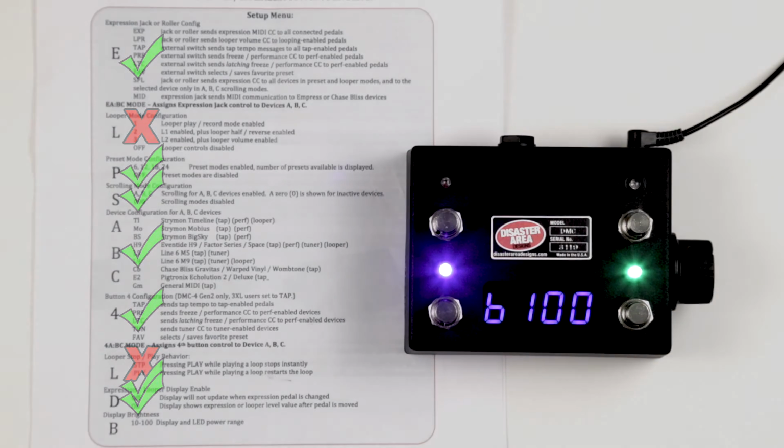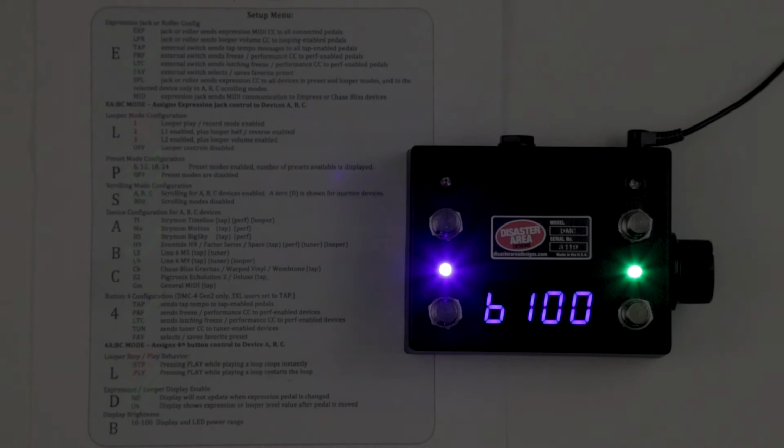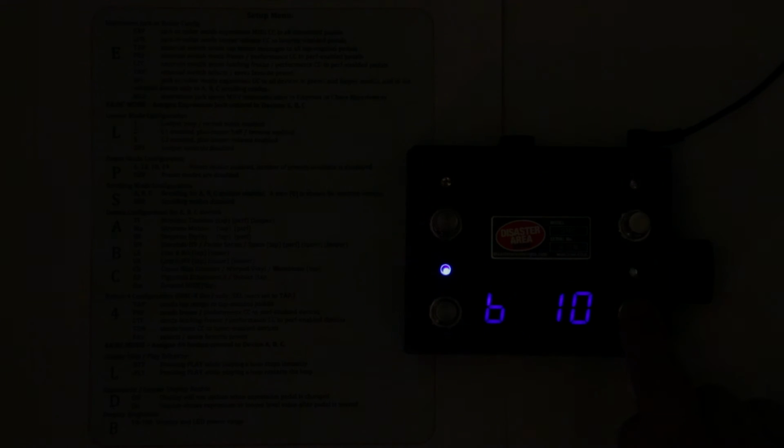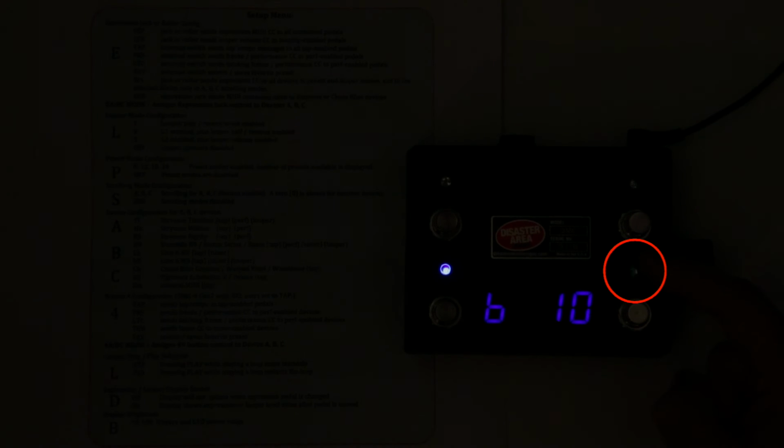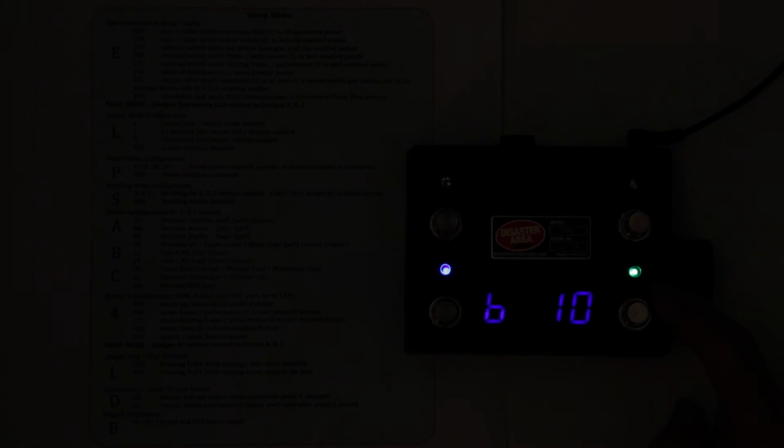But that would be full blast. If I turn my lights completely off, we can see this better. And you see this LED over here blinking? It doesn't actually blink in real life. It just blinks that way through the camera. It has to do with the frame rate. So don't be confused by that. Anyway, my preference is 30. You'll find what yours is.